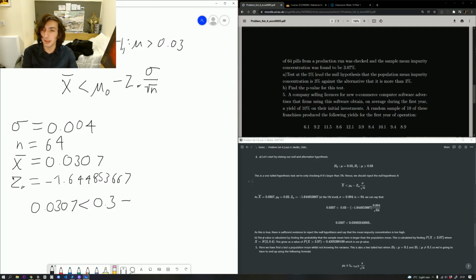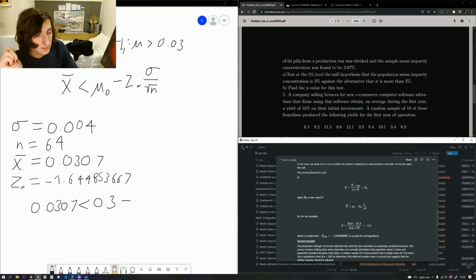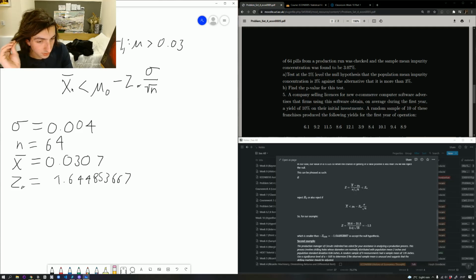I think that's right. One moment, let me just double check that. It seems my method here was a bit off, but no matter. Getting the z alpha here, we can see that it's negative 1.644, or it could just be 1.64. It doesn't really matter either way. I'm going to do the positive, actually.